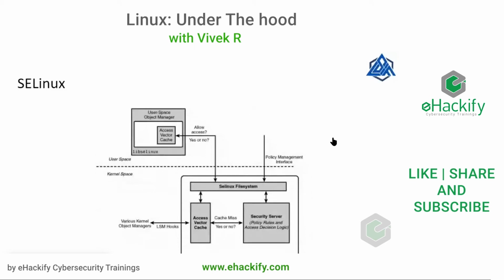The result is passed on to the access vector cache, and the AVC caches that and sends it back to the user process. If the policy permits, the access is granted. If the policy does not permit, the access is denied. So that is the basic overview of SELinux.